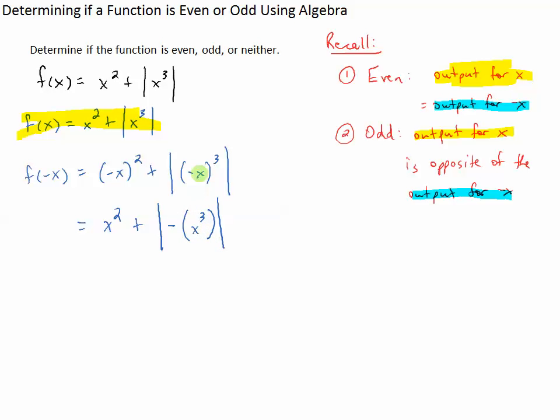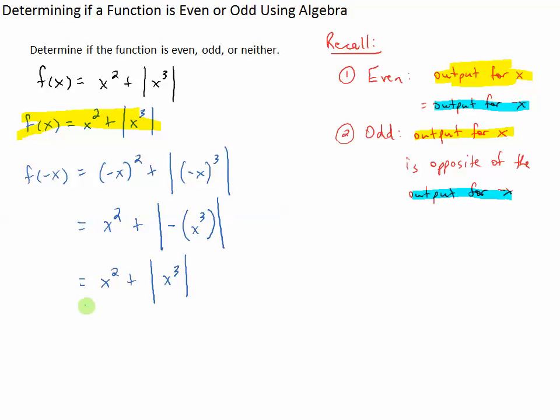So I hope you really think about the difference between these two things. Here I'm cubing negative x, down here I'm just cubing x and then taking the opposite of it. Now, in the absolute value, since this negative is separate from that and being multiplied, the absolute value makes this negative go away, so I just get the absolute value of x cubed. Now this is of course appealing to your knowledge about absolute value, so if you're deficient there, you may need to go back and do some more research.